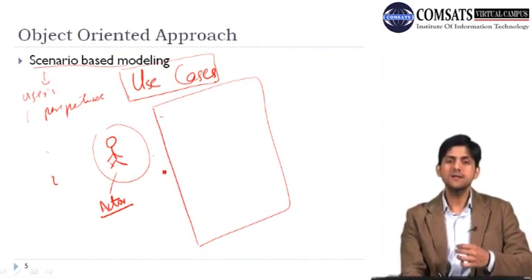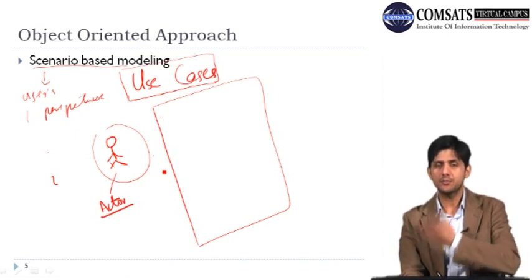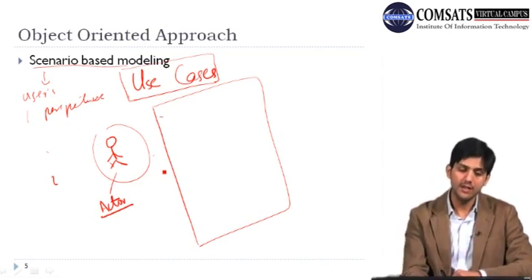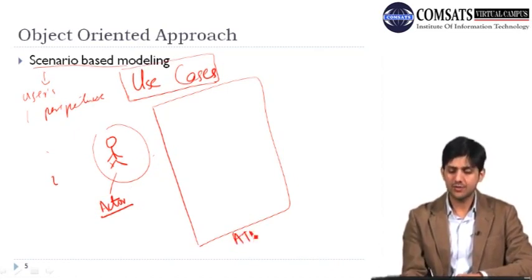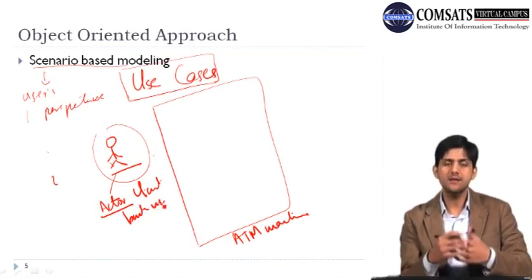And in a use case, there will always be a primary actor, and then there will be a secondary actor. The primary actor is somebody who actually initiates this particular scenario. For example, let's say we draw this use case of the ATM machine, and this is a client or the bank user, so our actor is the bank user.